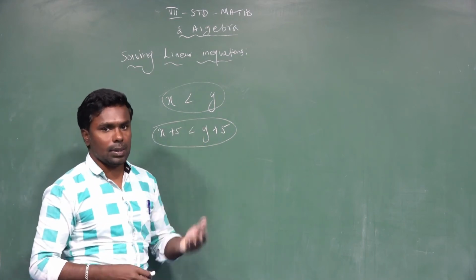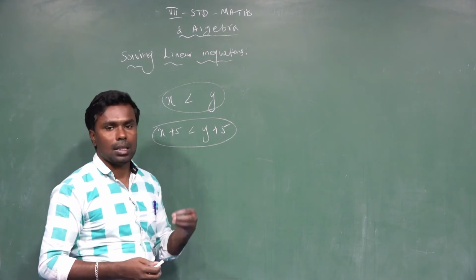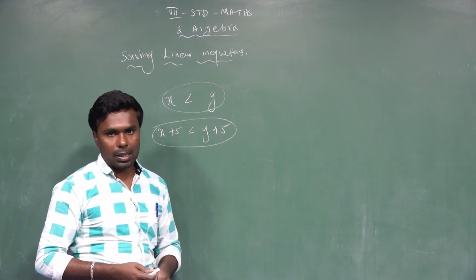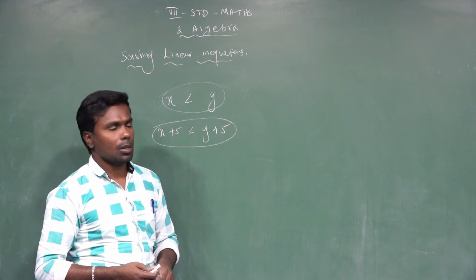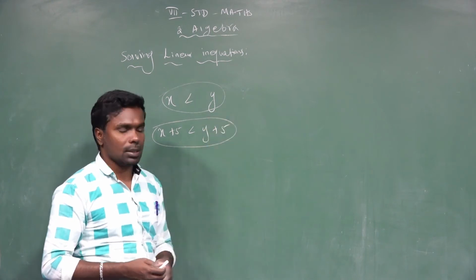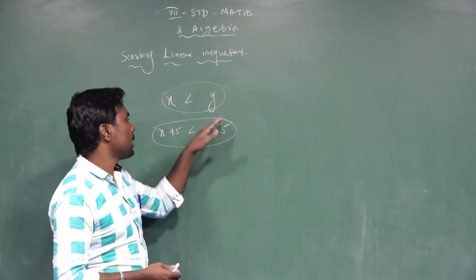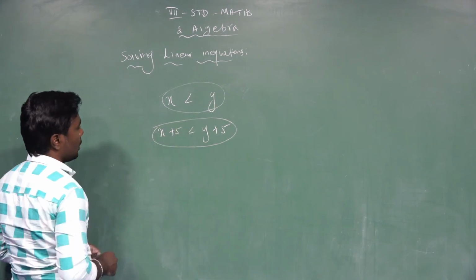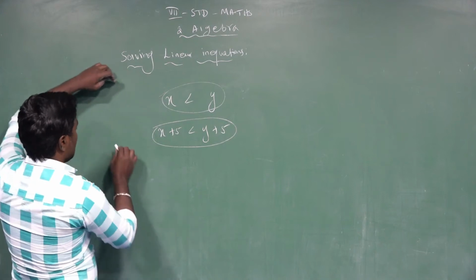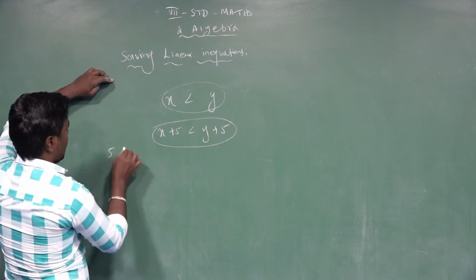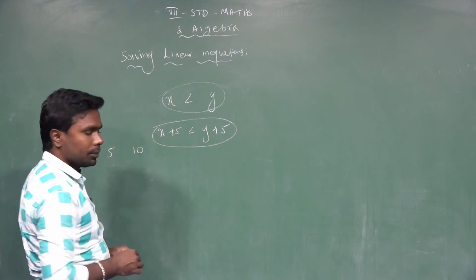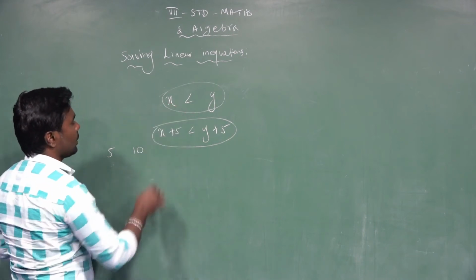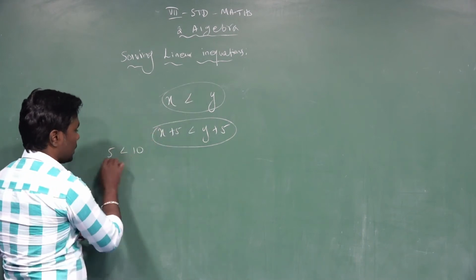So in an inequation, when we do these four operations, addition, subtraction, multiplication and division, it does not make any change in the inequation. For example, here x less than y. Let x be 5 and y be 10. So 5 is less than 10.